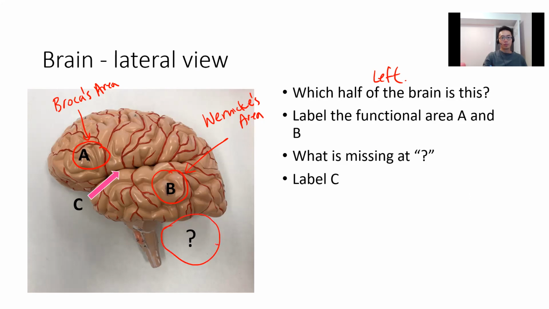What is missing at the question mark? Usually this here is where the cerebellum goes. This here is the lateral sulcus or lateral fissure, depending which book you read. It separates the frontal lobe from the temporal lobe, basically.